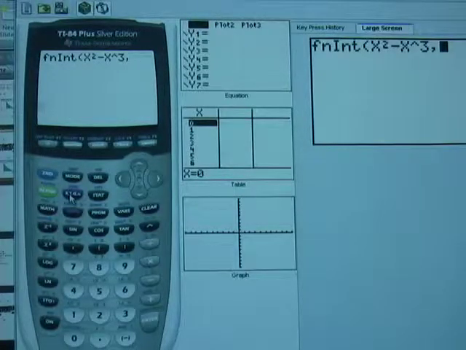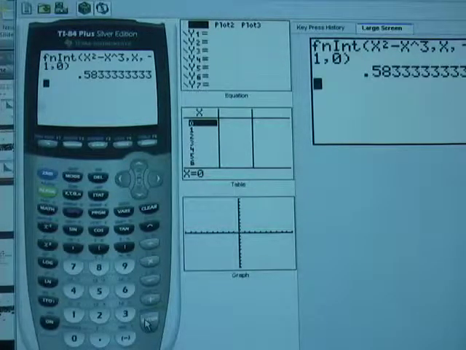Look at the way it's being entered, comma, x changing from -1 to 0. That's the way you enter it. So it will be definite integral of x squared minus x cubed with respect to x, comma, lower limit, comma, upper limit, enter.